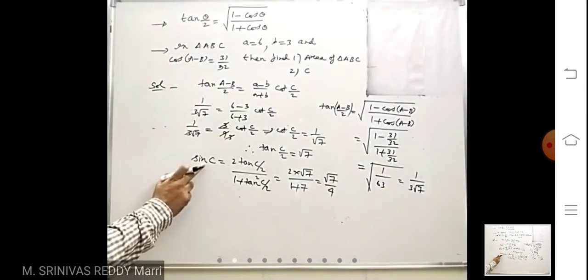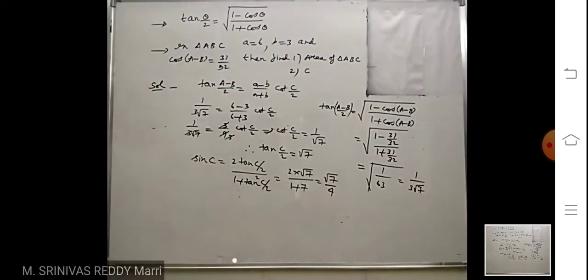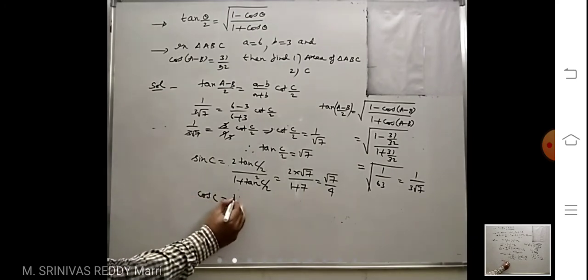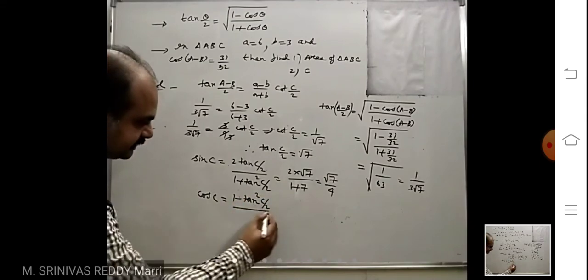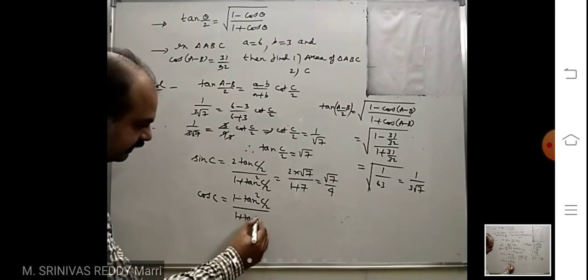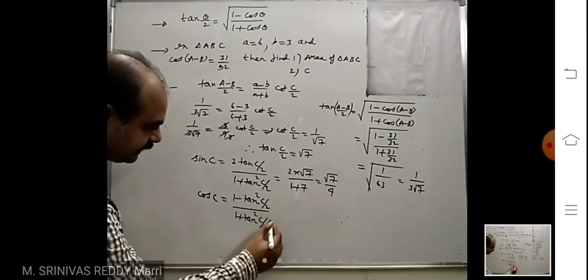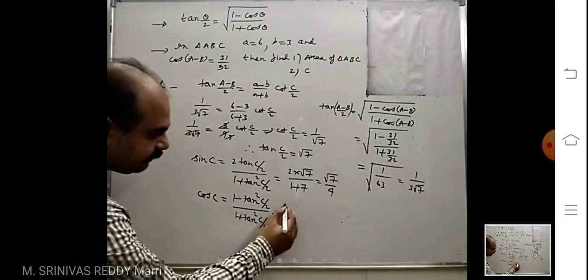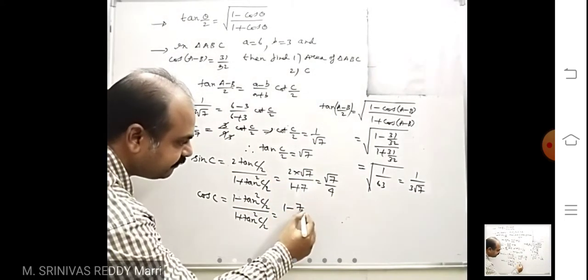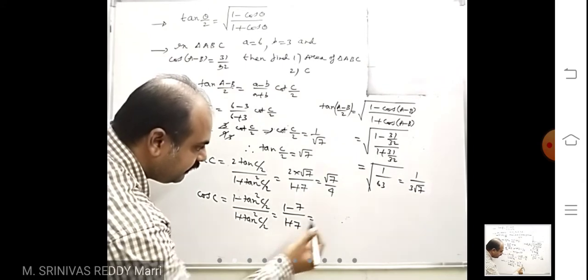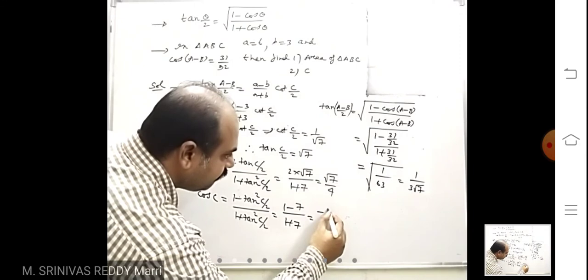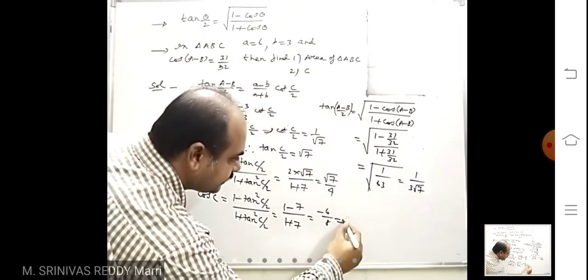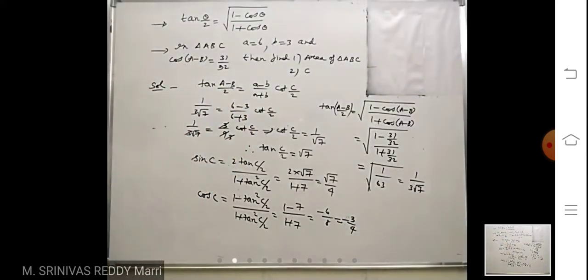That means sin C is root 7 by 4. Similarly, cos C you can calculate. Cos C is 1 minus tan square C by 2 divided by 1 plus tan square C by 2. That means 1 minus 7 divided by 1 plus 7, which is minus 6 divided by 8. That means cos C is minus 3 by 4.